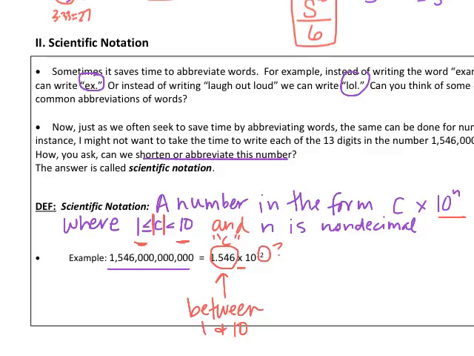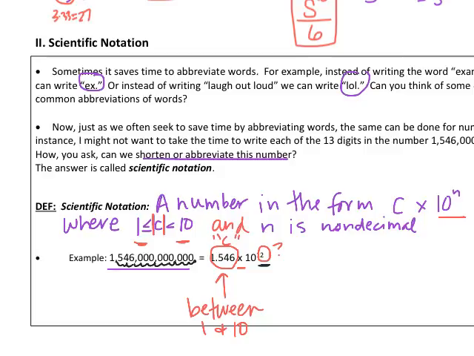The reason that it's 12 is because it's the number of times the decimal place is moved in the original number. So if I have a decimal place at the end of this number and I move it so that I get a number that is between 1 and 10, how many times did I do that? Obviously, I've done it 12 times. That's because my exponent here is 12.